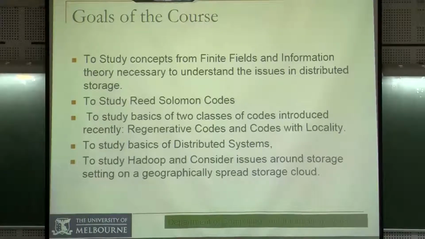We also want to study with well-engineered software like Hadoop, which has been done with great care, and there we could actually make some changes around the storage setting, and we looked at a geographical storage property. There are many applications where inherently you can't put everything into one data center; there are some things that need to be inherently geographic.